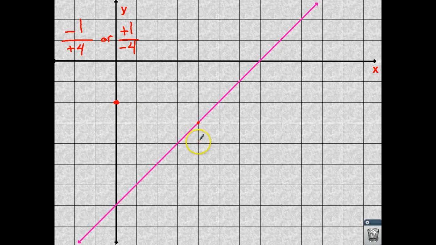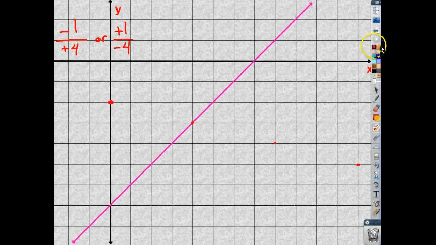Down 1, right 4. Take out your straight edge. Connect your points. And let's clear the annotations.